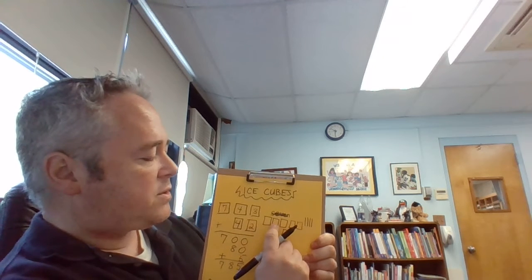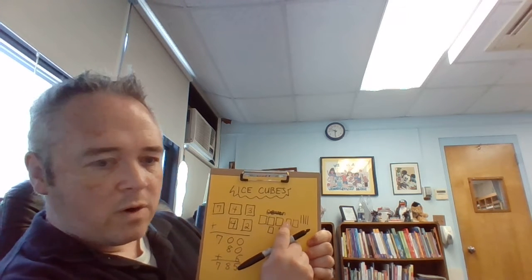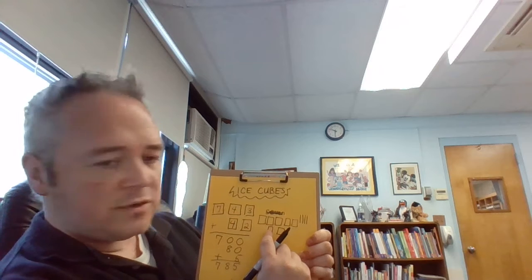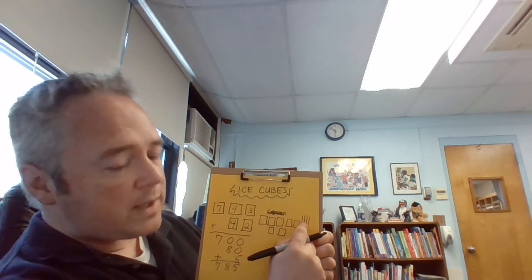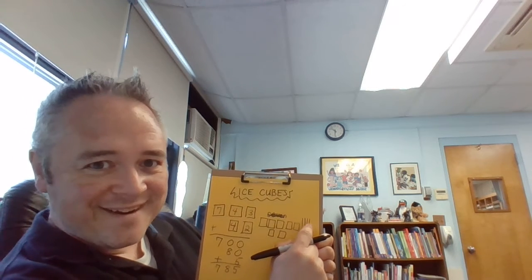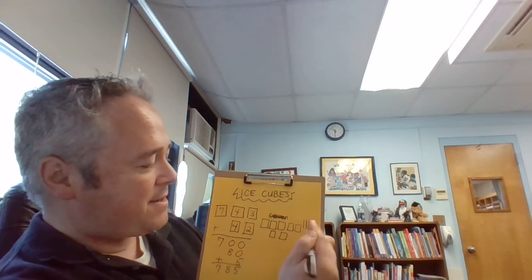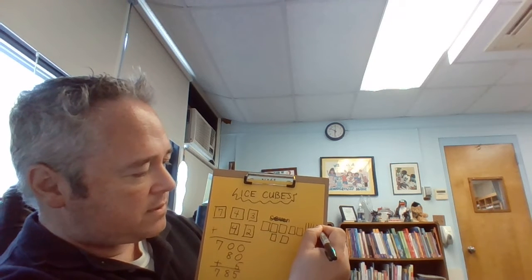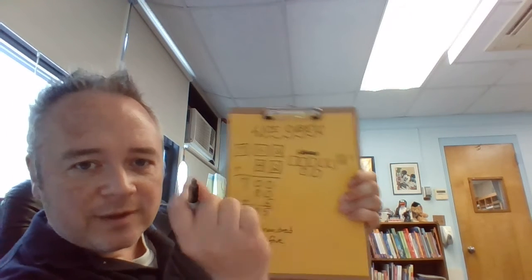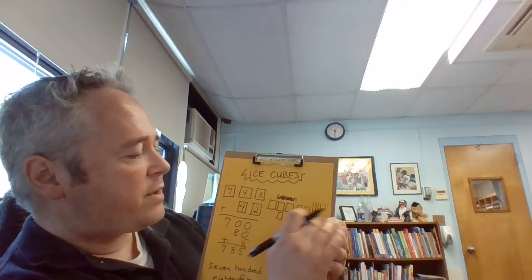So I have 100, 200, 300, 400, 500, 600, 700, 710, 720, 730, 740, 741, 742, 743. Those are like the little cubes. 743, it looks like that.